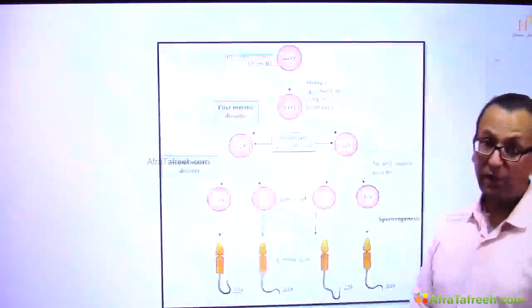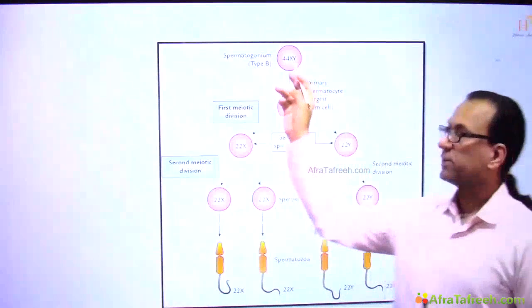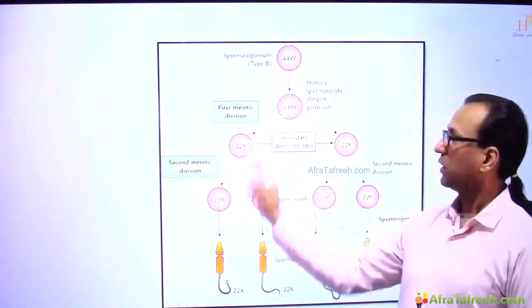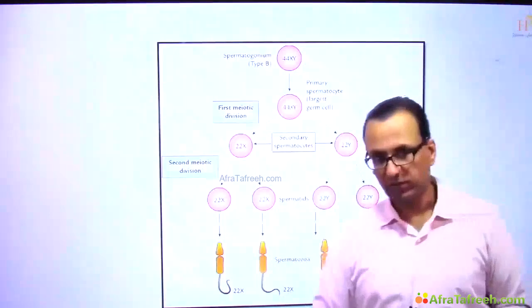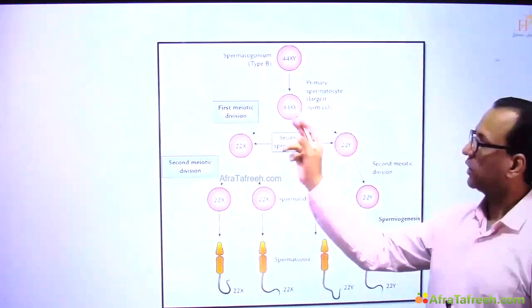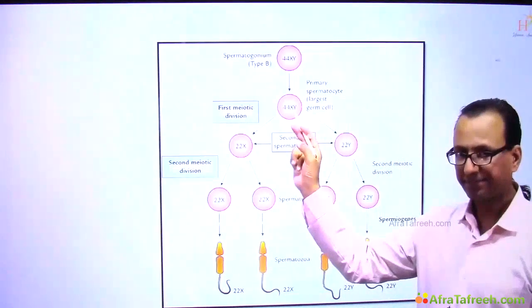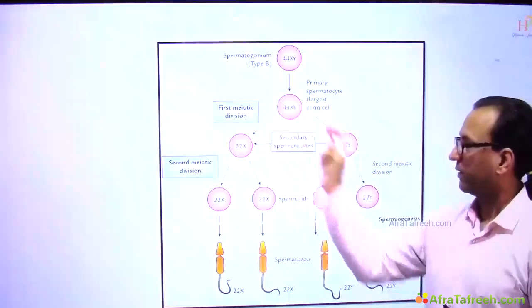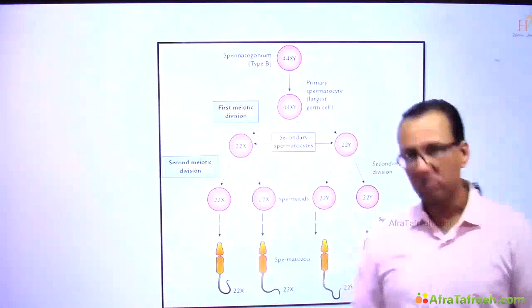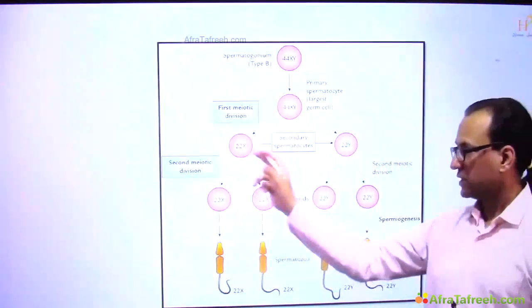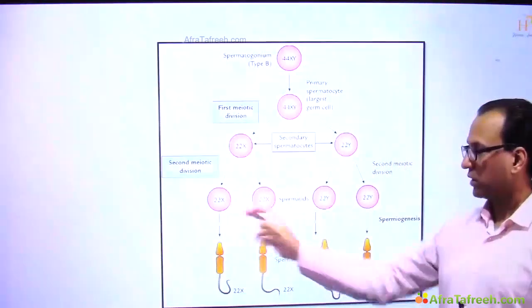Why? Because you see here, we have a spermatogonium which is going to undergo meiosis 1. Remember, the largest cell is the primary spermatocyte. Now it is dividing by first meiosis to give you the secondary spermatocyte. And the secondary spermatocyte will then divide to give you the spermatids.